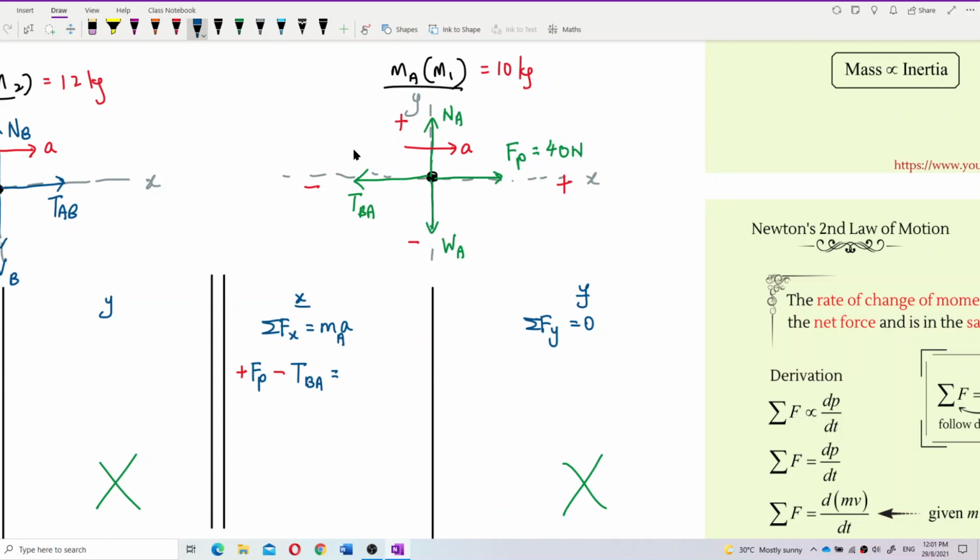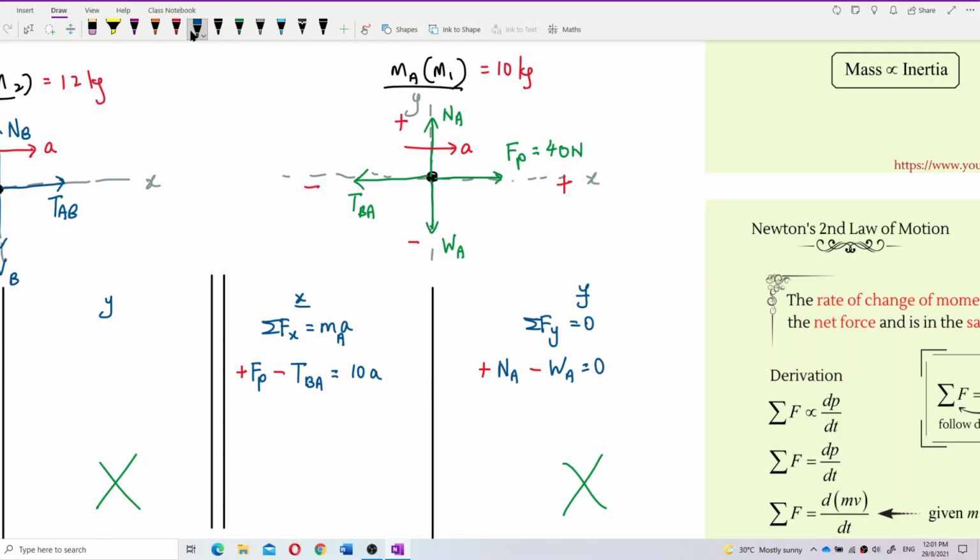I forgot to put mass A. This is mass A, which is 10 kilogram. How about the y component? Going up positive, going down negative. So positive N A, and then negative W A.